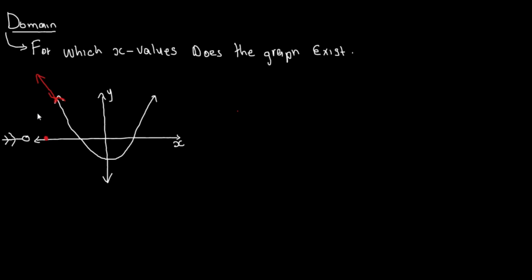Let's say this side of the x-axis is my left, and this side is my right. When you are flying in that direction and you look left and right, you need to ask yourself which values of x you will see on the graph.